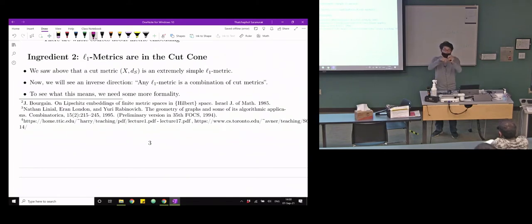A lot of points at 0, a lot of points at 1. So a line metric is just a very special case of L1 metric. A cut metric is just an extremely simple L1 metric. But you will see the inverse now. The inverse is kind of true in some sense. That is, any L1 metric also is just a combination of a lot of cut metrics. I will prove this.